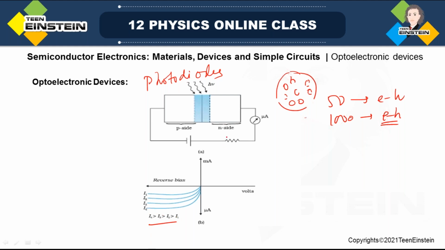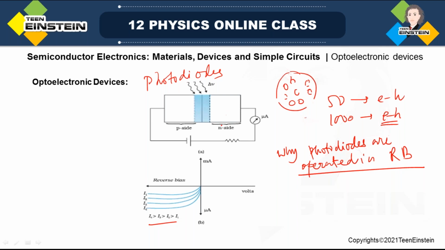Okay, now the question is why photodiodes are operated in reverse bias. In reverse bias, I'm writing in short RB.